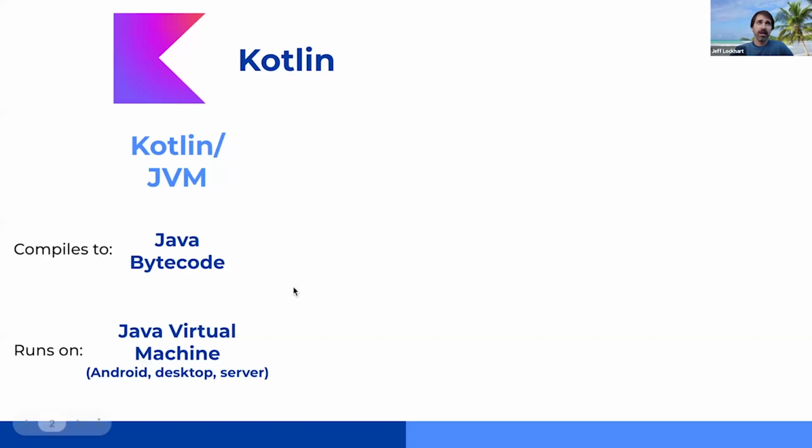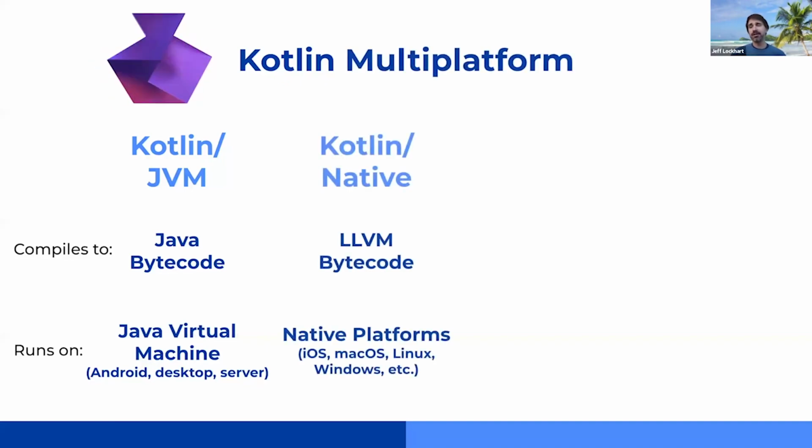It compiles to Java bytecode and runs on the Java virtual machine. That might be an Android app, desktop environment, or server environment. But Kotlin is actually a multiplatform language, and Kotlin Native, this flavor of Kotlin, can compile the same common Kotlin code to LLVM bytecode, which can then be compiled down to native binaries for platforms like iOS, macOS, Linux, and native Windows.